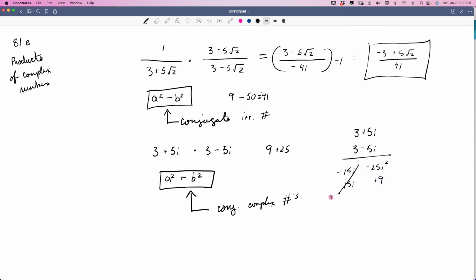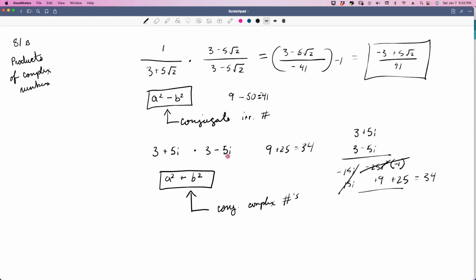Those would cancel. And then i squared ends up being a negative 1. Negative 25 times a negative 1 becomes a positive 25. So 9 plus 25, which would be 34. And that would be our answer, which would be 34 also.